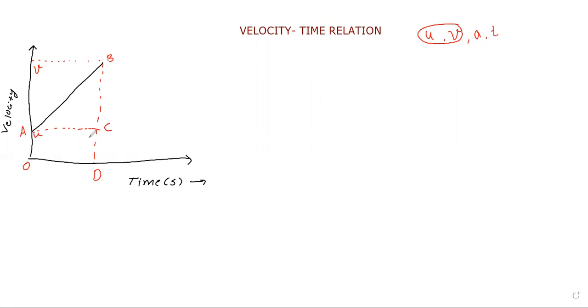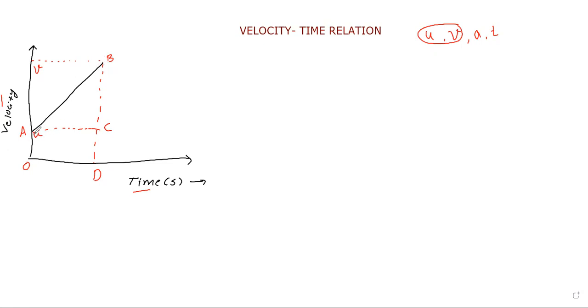Clear? Here we have a velocity-time graph for uniform motion, a body executing uniform motion. On the x-axis it is time and on the y-axis it is velocity. We studied that for uniform motion, the velocity-time graph will be a straight line like this.